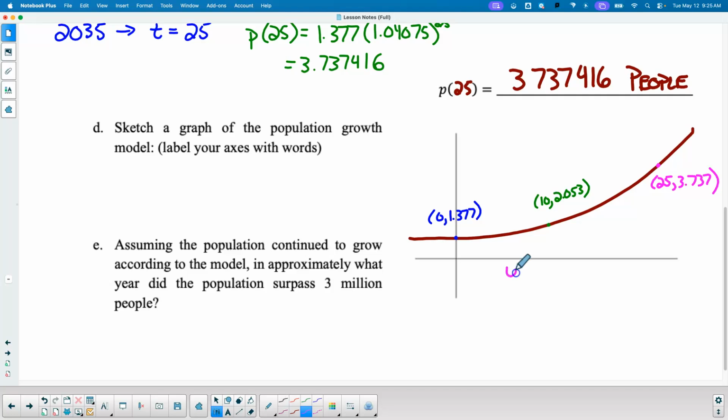This would be that, and this would be population.